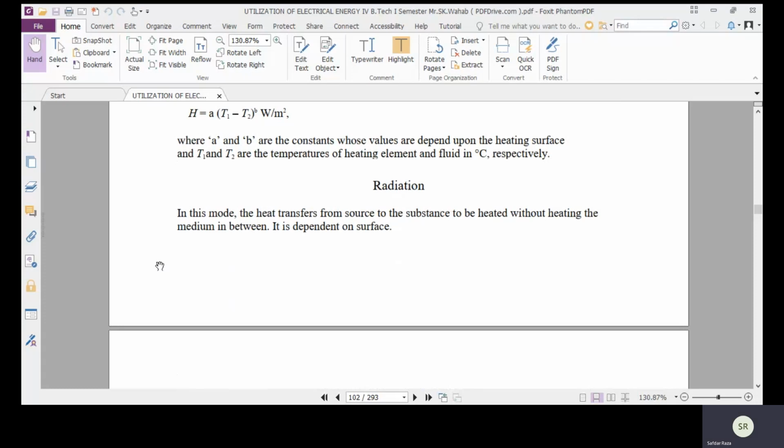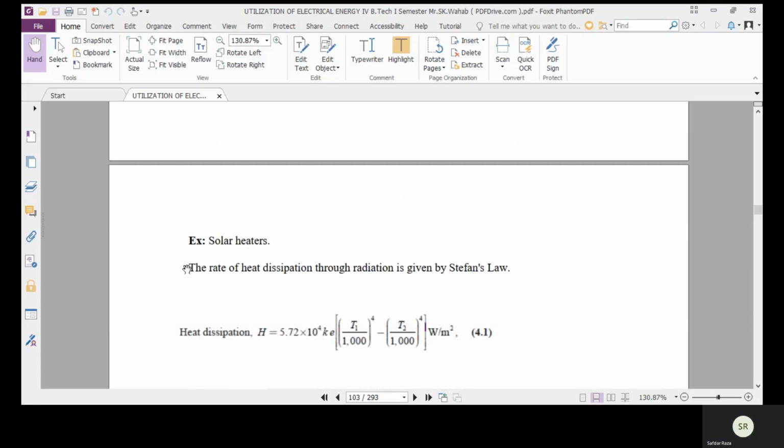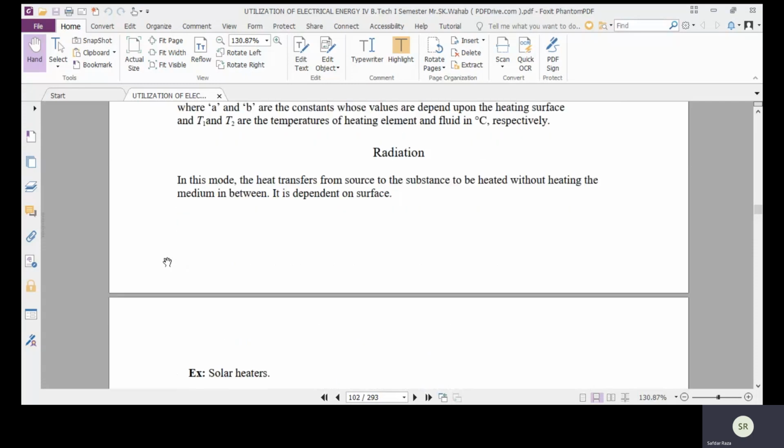The energy is transferred from the sun to the earth without heating the medium, without heating the atmosphere. So in radiation heating, the medium between the substances does not get heated. The heat is transferred from the source to the substance directly. It is dependent on surface. So the solar heater is the best example of radiation heating.